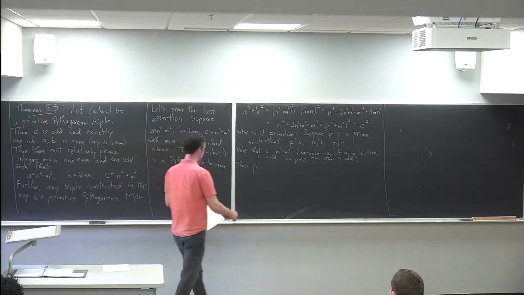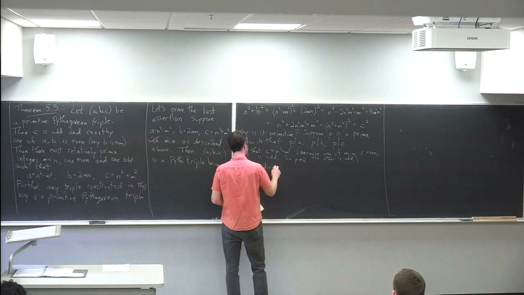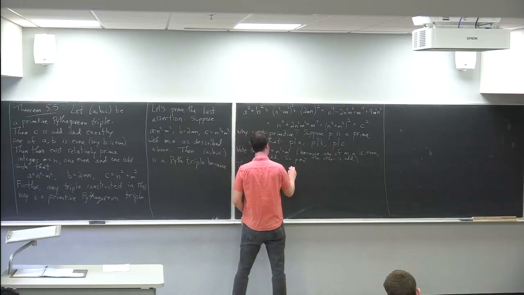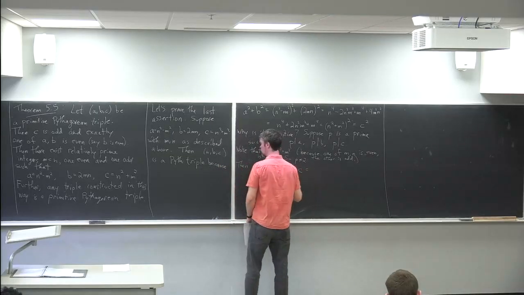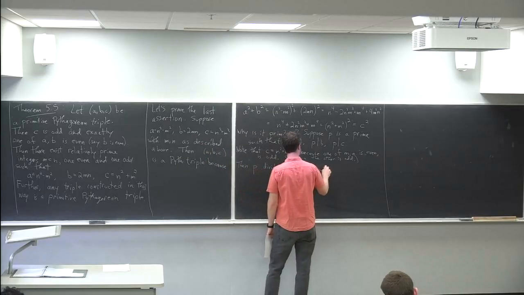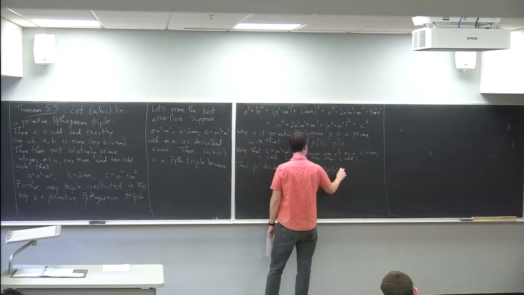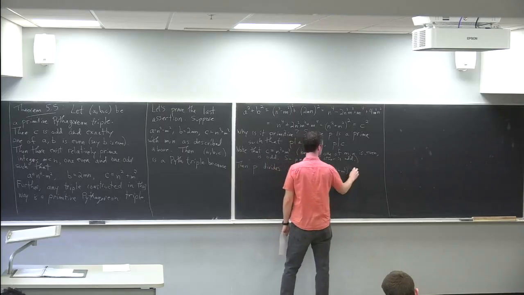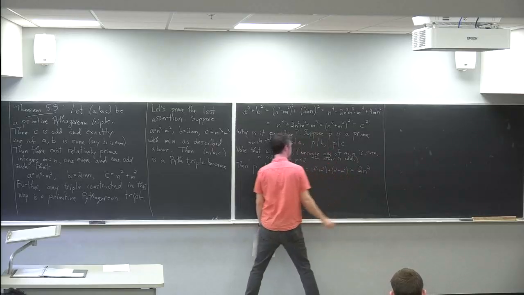So p divides A plus C. And since they're defined this way, that looks like n squared minus m squared plus n squared plus m squared. So this is 2n squared.